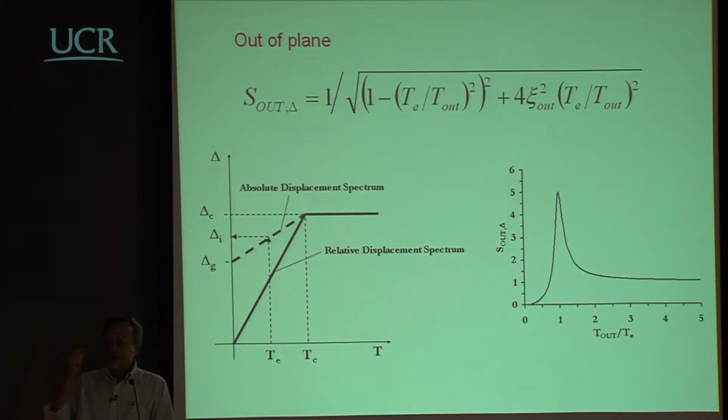So if you have a stiff structure, that displacement will not be 0, but will be the ground displacement. So instead of using something where you go to 0 here, we suggest to use something that goes to the ground displacement. In a way, if you have a stiff structure in the in-plane response, we're assuming that at the floor level you have the displacement of the ground and not 0. And then you filter this with something of this sort.